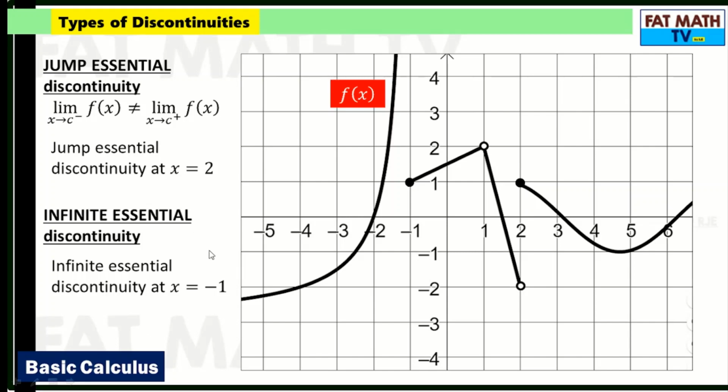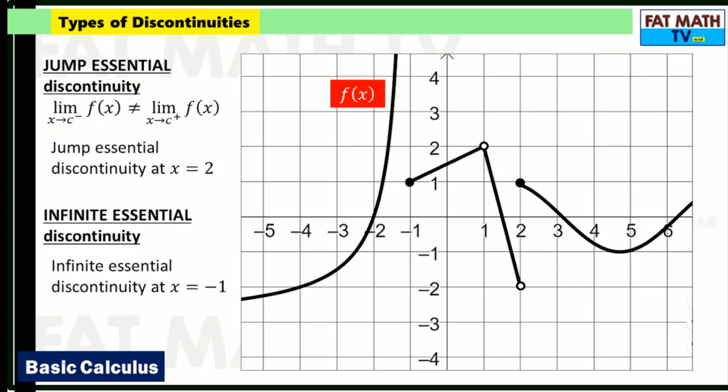This is called essential because you cannot do anything anymore to make the function continuous. Unlike in the removable, you can redefine the function so that the hole will be gone by putting a solid circle or a point there. So in the essential discontinuity, you cannot do anything to make it continuous.